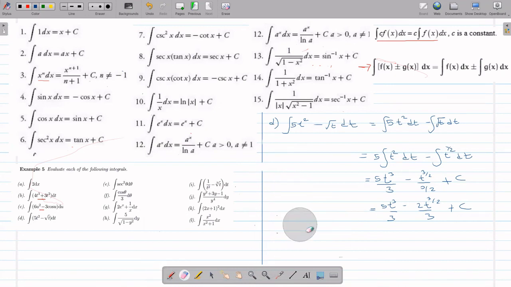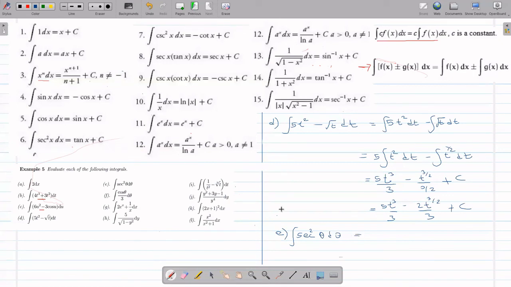Now if I go to E, there is a direct formula for secant squared, no?